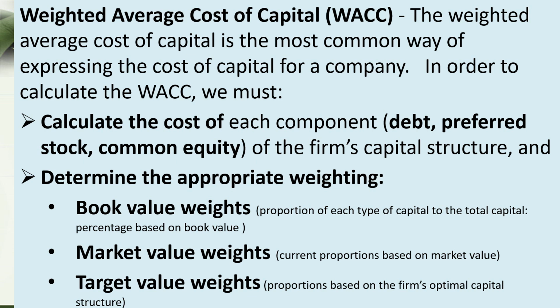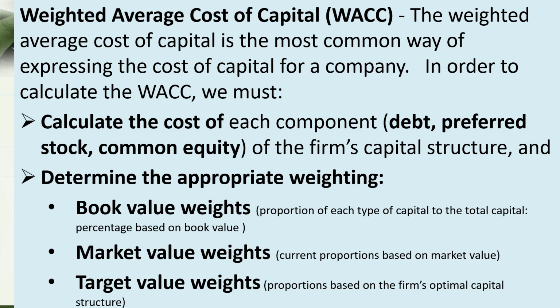And target value weights, that is similar to market, but it is not at the actual market; this is the optimal, what should be the optimal capital structure. We calculate from the market possibility what should be, then accordingly we think about strategic decision.